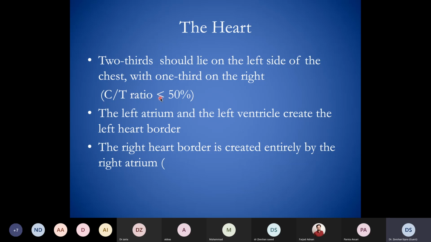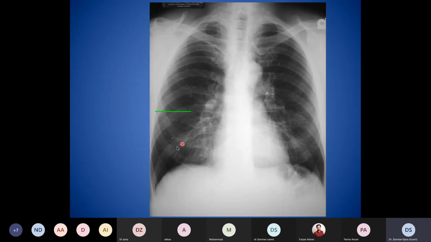The cardiothoracic ratio is the transverse ratio from one border of the lung to the other. At max, for any heart, it should not be more than 50% of this diameter.